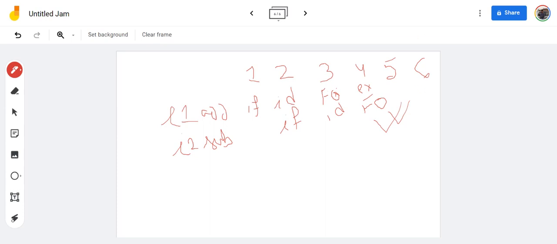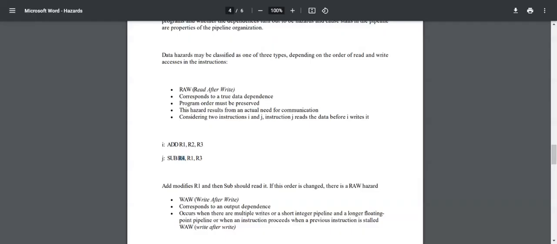Why? Here, when instruction 1 is being executed, everything is inside the CPU for the time being, right? Now you can see that the result of addition between R2 and R3 is not available inside the memory. It is inside the CPU, right?